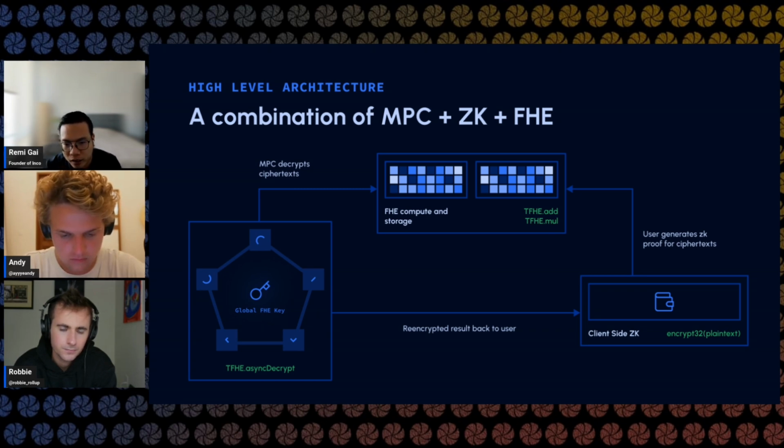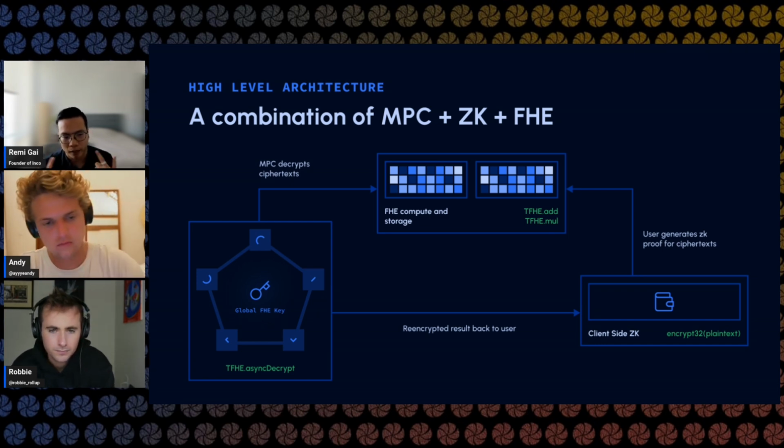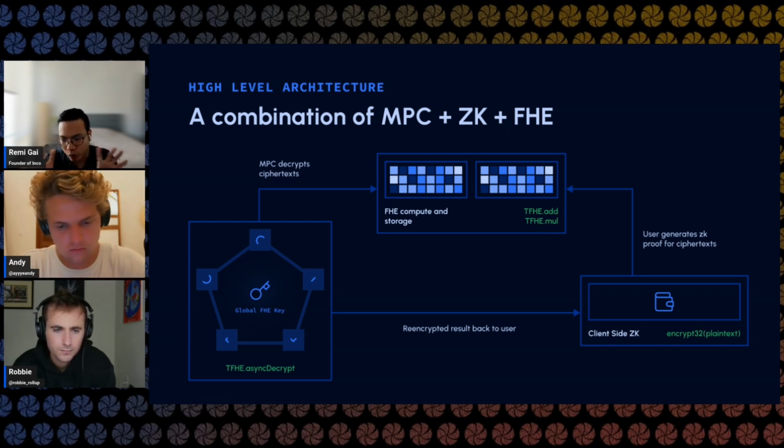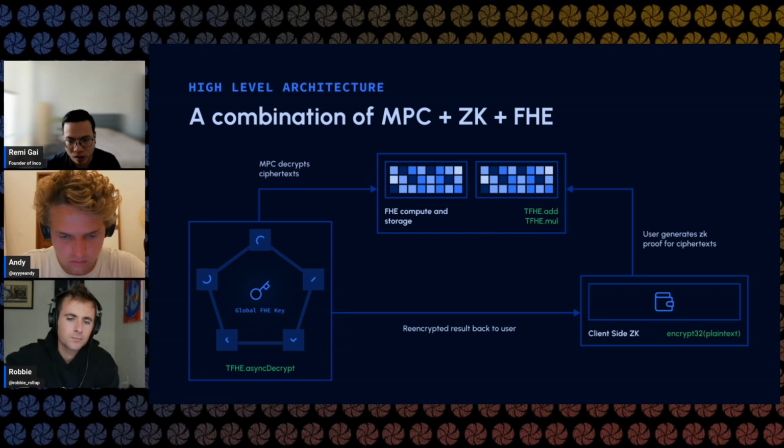And so for any decryption, every single node does a partial decryption, and you need to combine a threshold of all these decryptions to recreate the plain text. So this is, at a high level, how we guarantee security across these different components, from the user side to the compute to the decryption. This is very high level here.